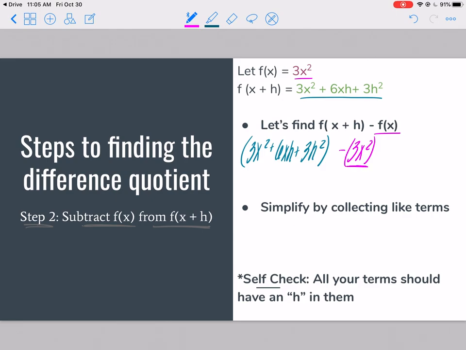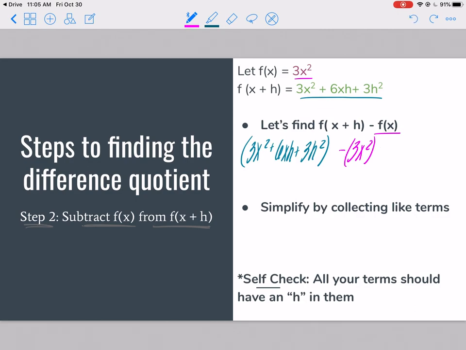The reason that I always put it in parentheses like this is because if f of x, the original function, has more to it, let's say it had a plus 2 or minus x or something like that, you have to subtract the entire function, not just that one term, and you have to distribute the minus sign, which we'll see in another example.